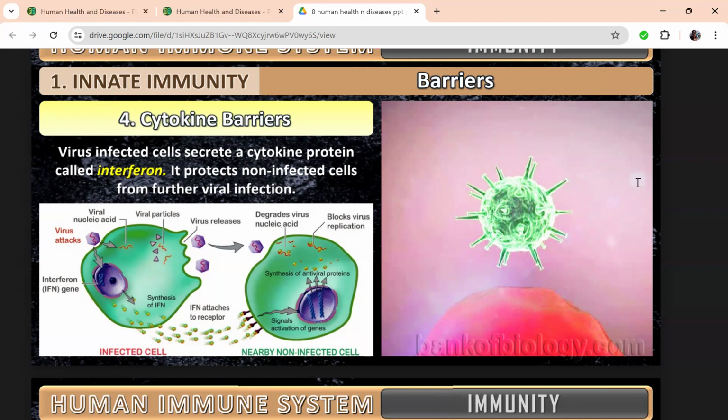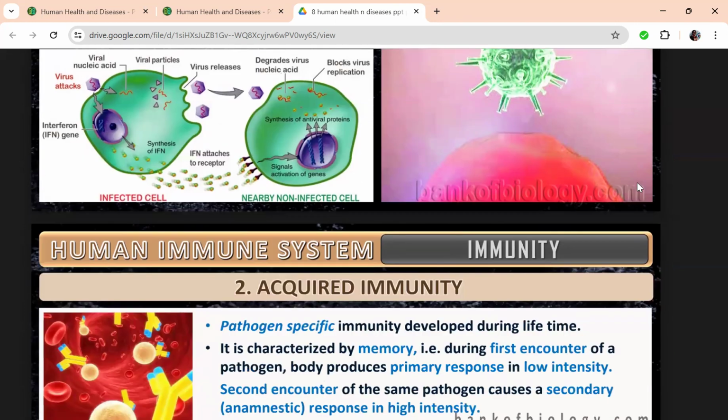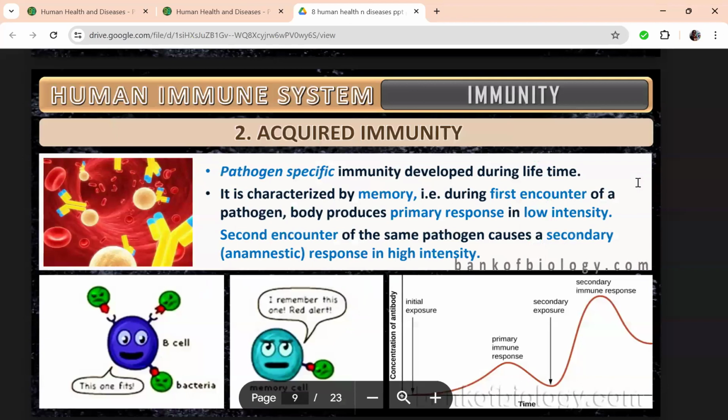It has entered into the cell. Once it has entered the cell, what will happen? The cells will secrete a protein called interferon, and it will protect the non-infected cells from further viral infection. That is what is going to happen.